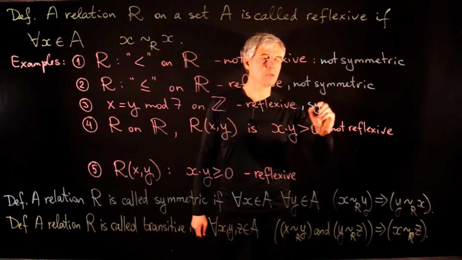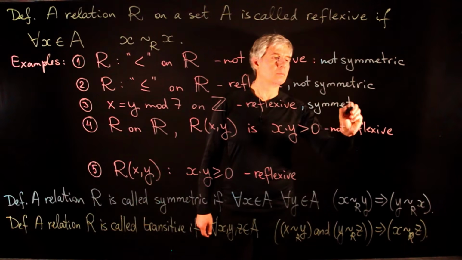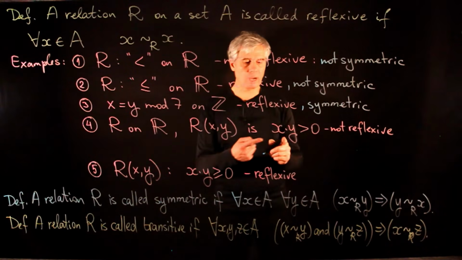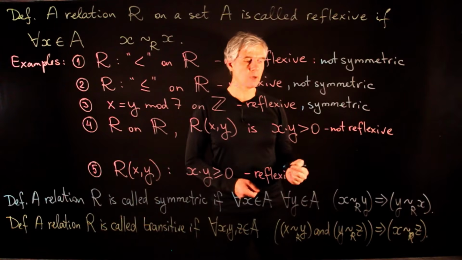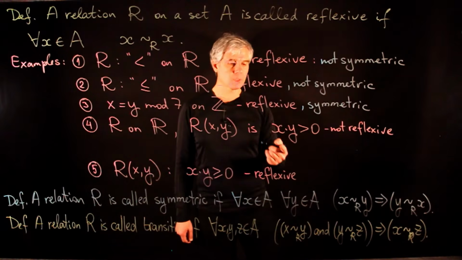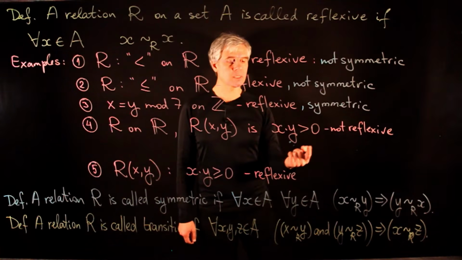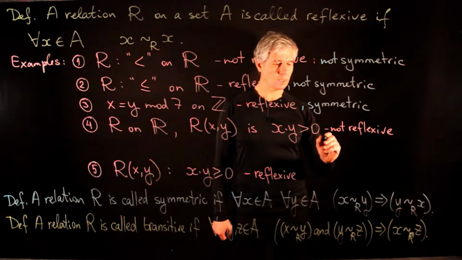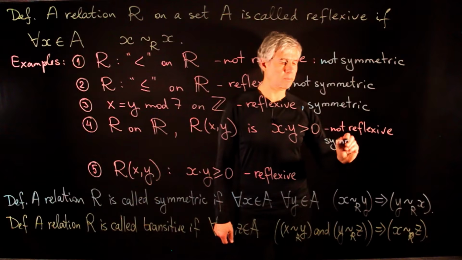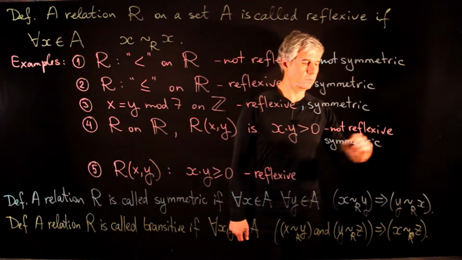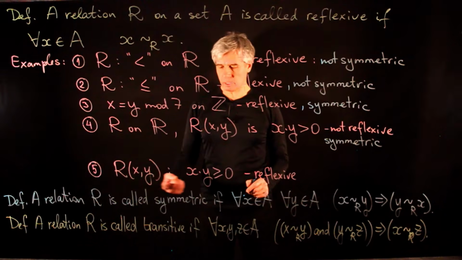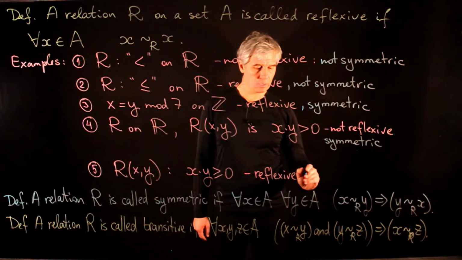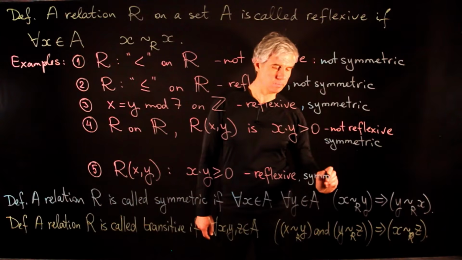Now, for the relation x times y is greater than 0, clearly this is symmetric, because if x times y is greater than 0, then y times x is still greater than 0. And the same applies to the relation x times y is greater than or equal to 0. This one is symmetric as well.